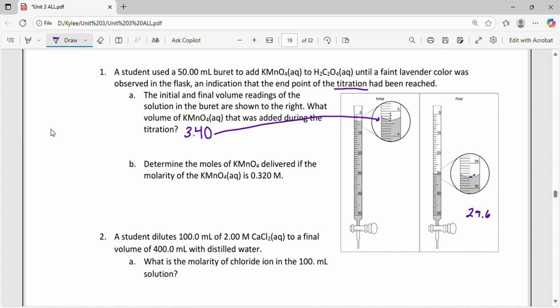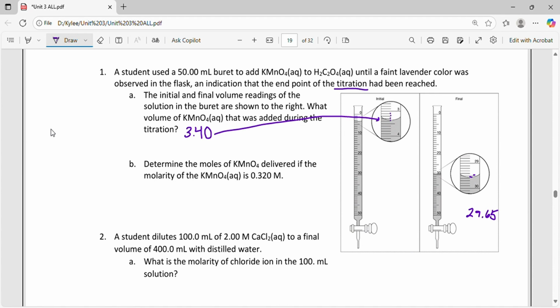It looks like it's just a little bit over the 29.6 line, so I might call that 29.65. And that is my final.